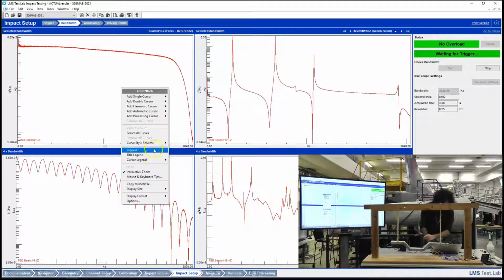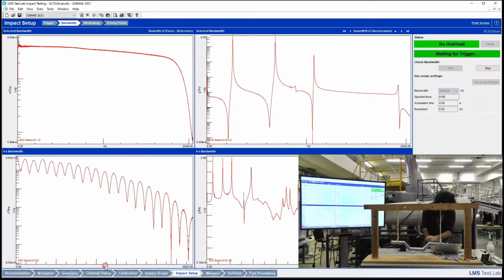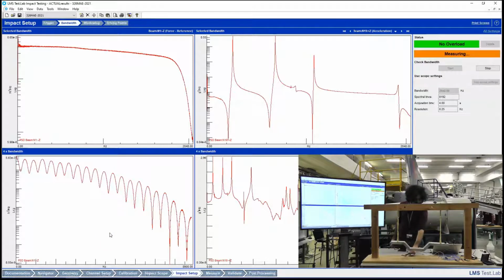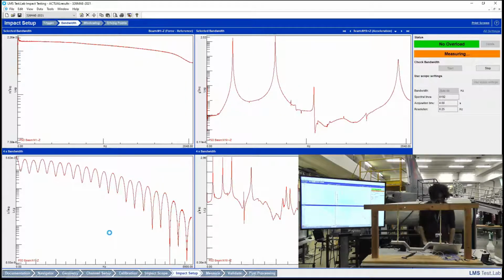I'll zoom out this one. Okay, so see, it's quite a good impact and a quite good accelerometer FFT.